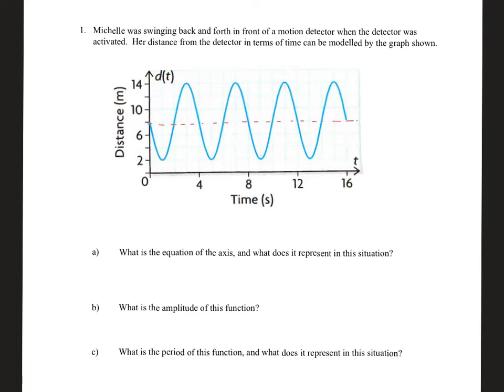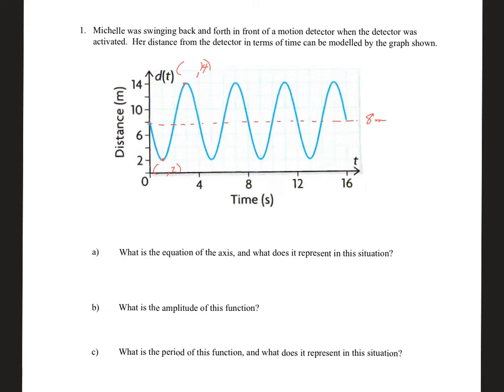No, that's not an asymptote I'm putting on the graph, but just to recognize that the middle of that graph seems to represent 8 meters. We notice that the bottom of that graph has a value of 2, and the top of that graph has a value of 14.